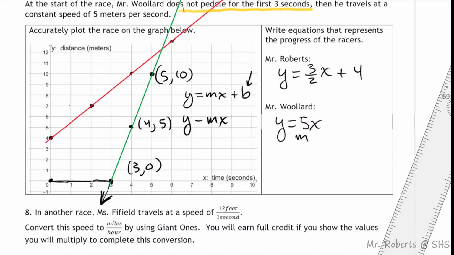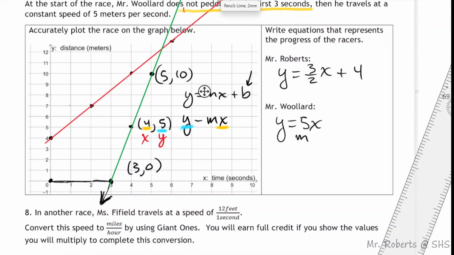So I'm just going to pick this one because it's close. I'm going to look at this x and this y. So my thinking is I'm going to take x is 4 and put it in for x. I'm going to take y is 5 and put it in for y. And we know his slope was 5, right? Yeah, it was up 5.